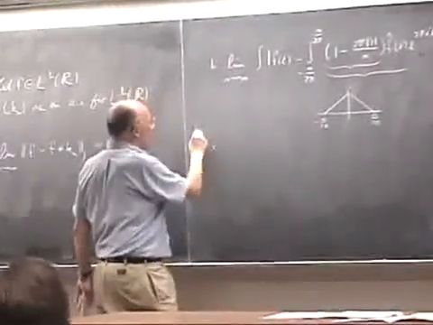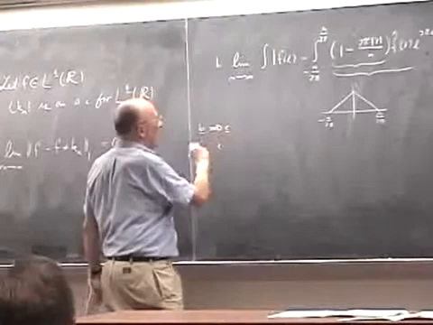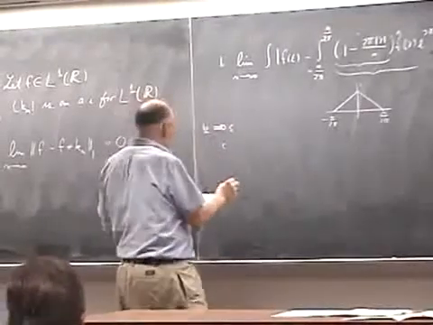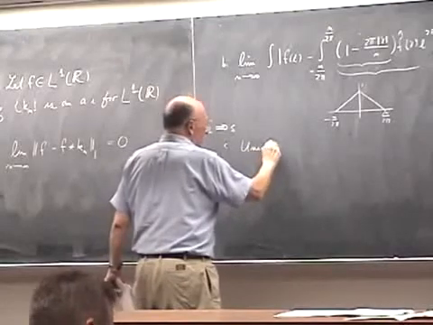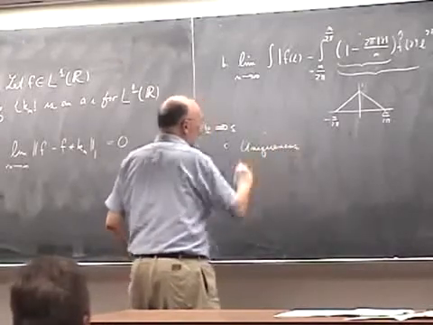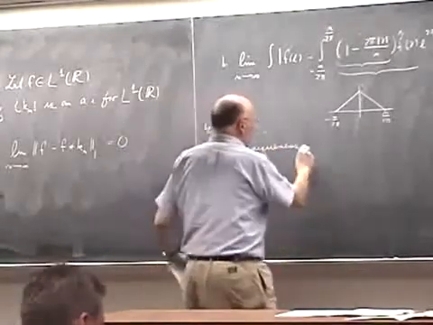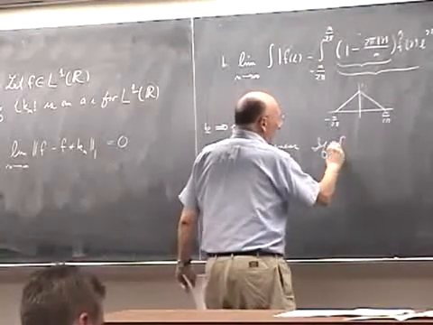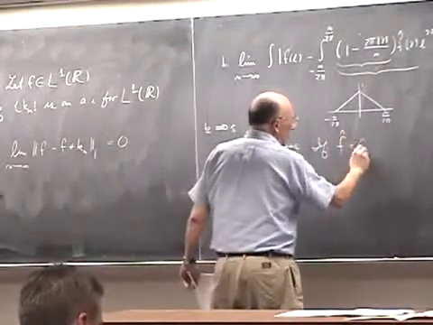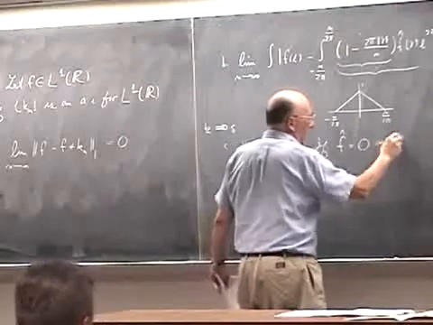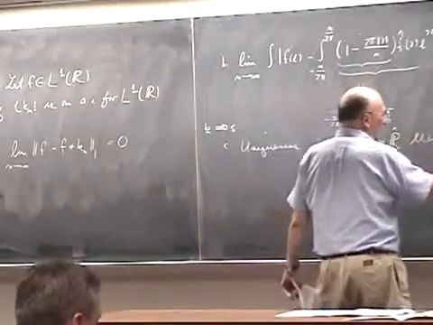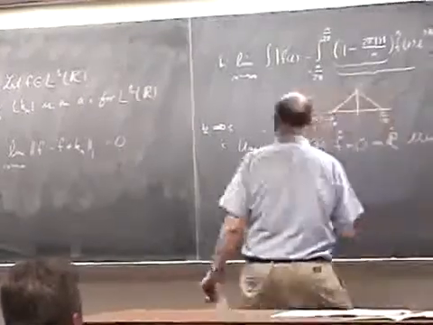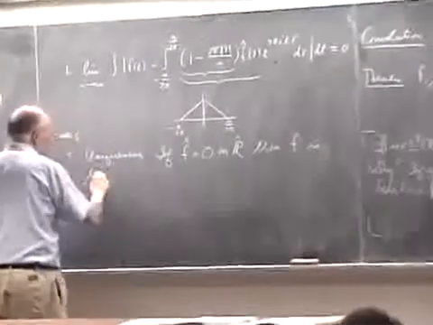B implies C, which is a uniqueness result. It says the following: if f hat equals 0 on R hat, then f is the 0 function.